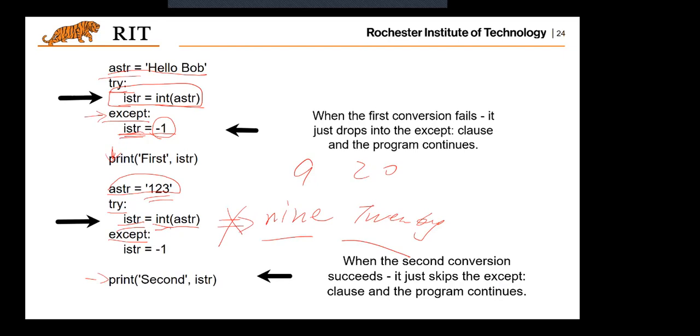So without this try except method here, the program will exit, and that's not what you want. So if you add this on, even if the user inputs something like this, the program will not crash.